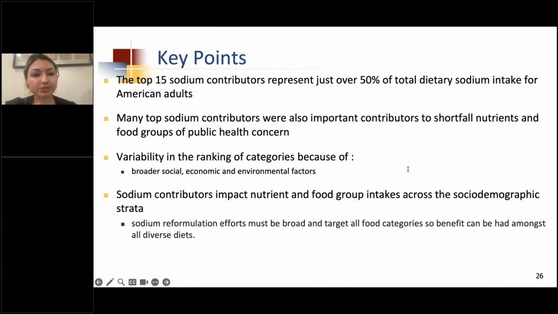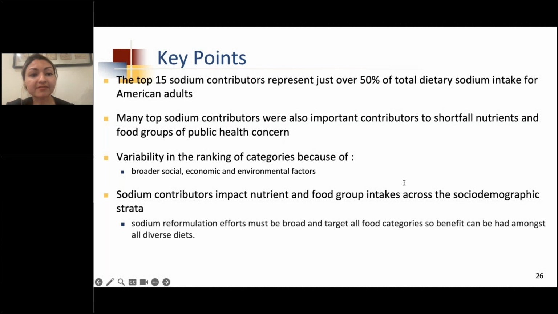We also see that many top food category contributors to sodium intake, such as vegetables, cheese, cold cuts, and breads, are also important contributors to shortfall nutrients, as well as food groups of public health concern. But these food categories at the same time can also be major contributors to nutrients to limit, and some of them perhaps provide little to no contribution to intake of other nutrients or food groups.